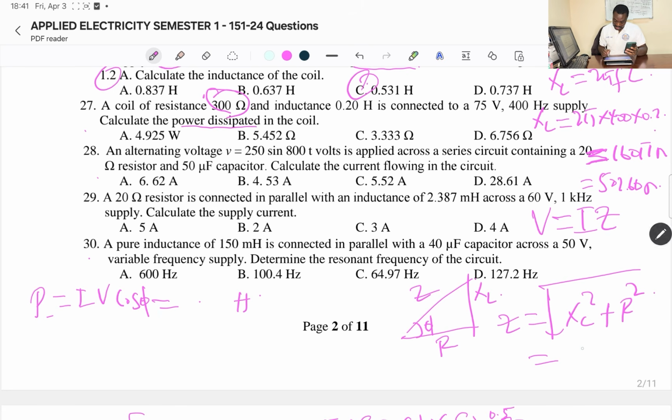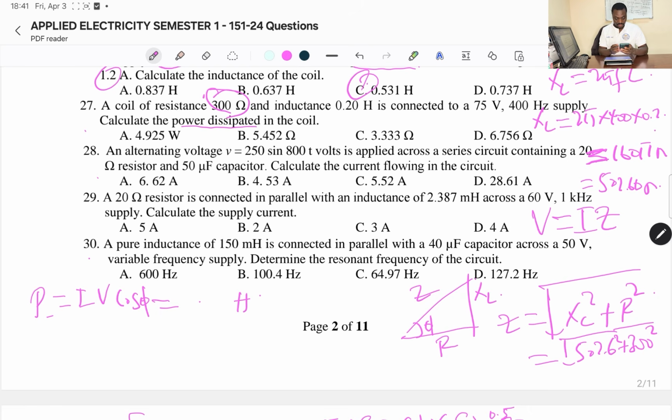The resistance is 300. So I can write 502.6 squared plus 300 squared, then take the square root of that.